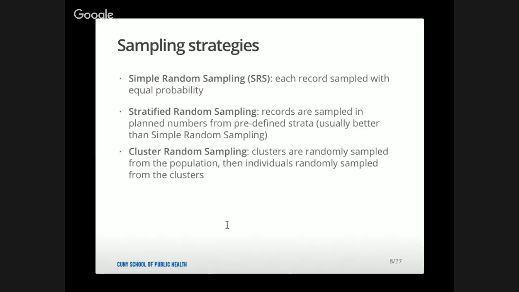It's a strategy where you have clusters of individuals. You first randomly sample an entire cluster of individuals, and then you sample individuals from within each of those clusters. So you'll have entire clusters of people where no one gets chosen. But that's okay because they still had a non-zero probability of being chosen in the design of the experiment, and you know what the probability is, so it's okay.